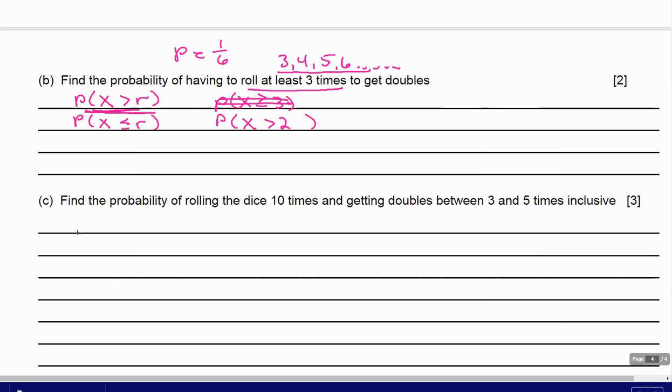It's going to be the probability of failure to the r. That's this, right? So what's probability of failure? To what power? So it's going to be 25 over 36.